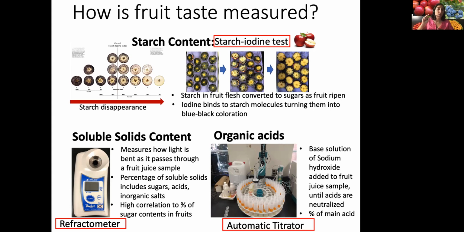It's going to add it to our fruit juice until the acids are totally neutralized. That is going to give us a value that corresponds to the percentage of acidity of that specific acid in that fruit sample. So we can get 0.5% of malic acid, for example, in an apple. That is the type of result we would obtain from this instrument. Okay, so again, being able to quantitatively measure acidity in fruits.